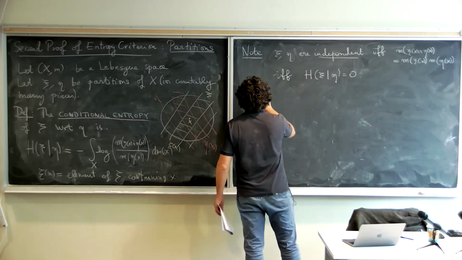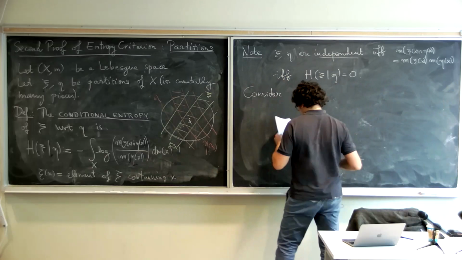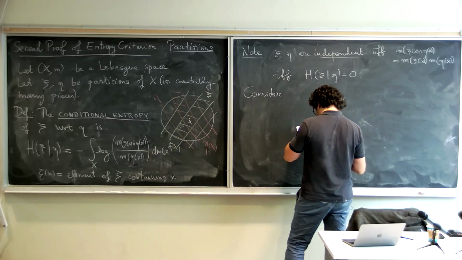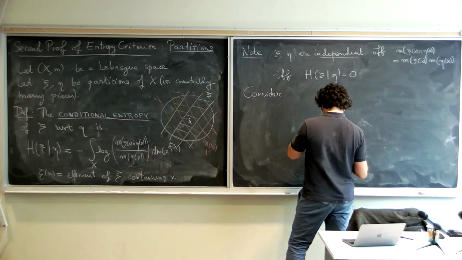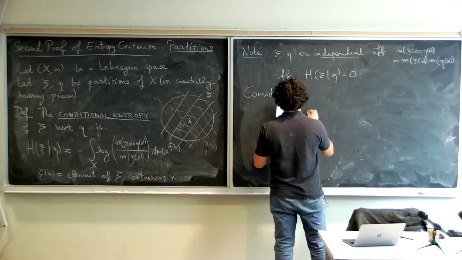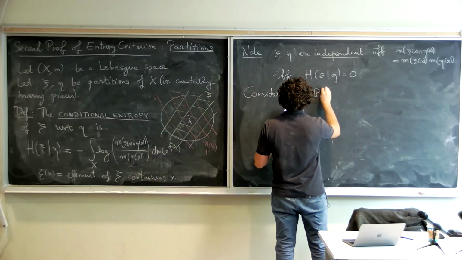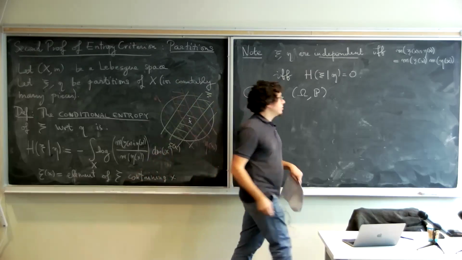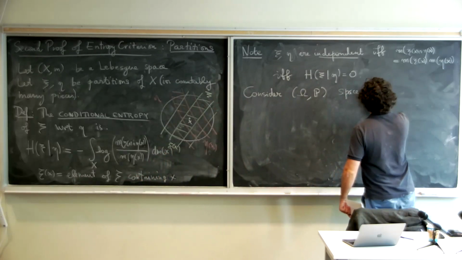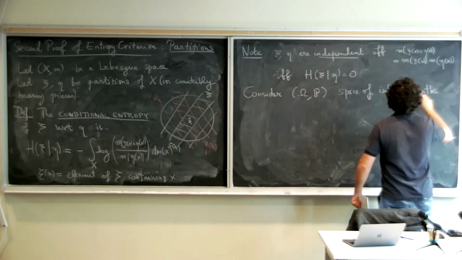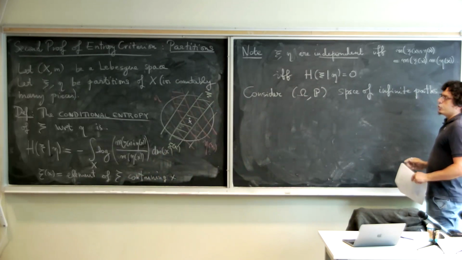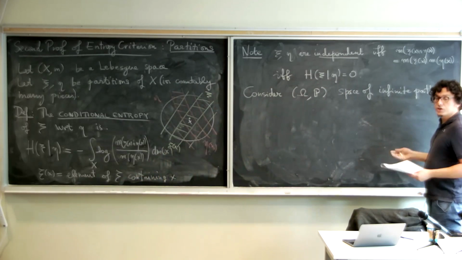We consider a random walk, and we consider Omega_P, the space of infinite paths, and we want to introduce some partitions.